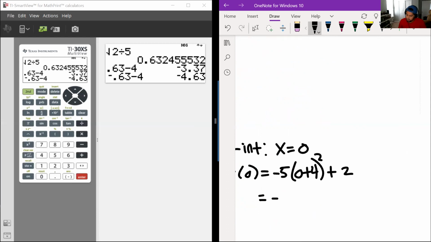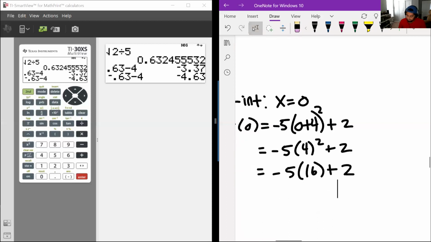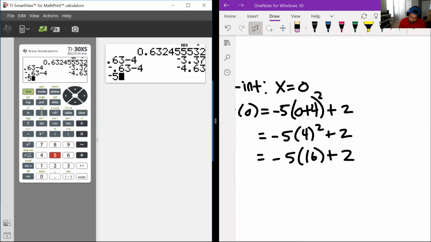This will give me negative 5 times 4 squared plus 2, which gives me negative 5 times 16 plus 2, and negative 5 times 16 plus 2, negative 78.